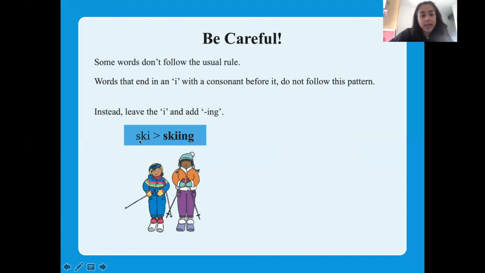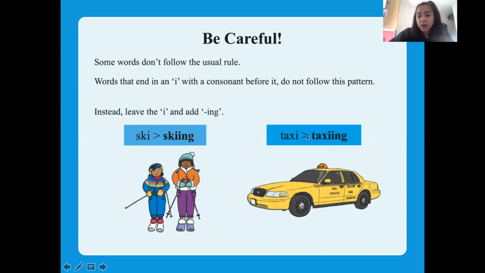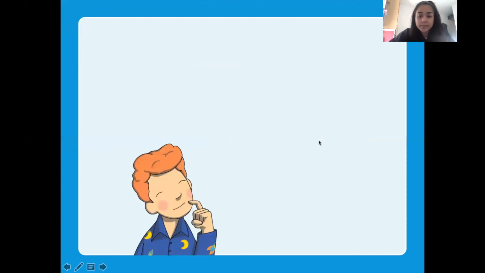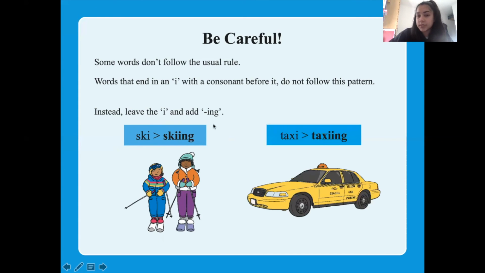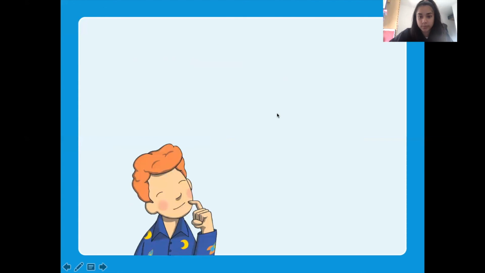For example, we have ski, which ends in an I, and instead of adding a Y, we just keep the I and add ing, which gives us skiing. Okay, so that's where we have a double I in the middle there. We have taxi, and when we add ing, that becomes taxiing. Okay, so those are just some examples that do not follow the usual rule.